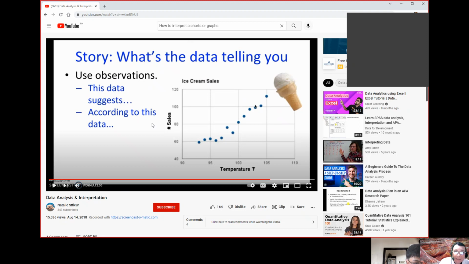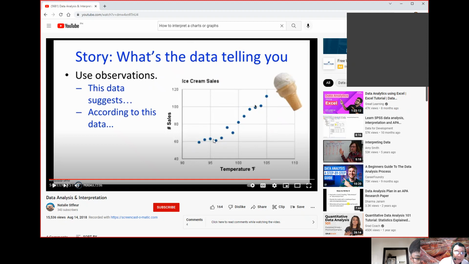Now, in the interpretation part of the graphs or the charts, we can use the following phrases. This data suggests, or we can also say this, what do we call this one? What particular chart or graph is this? Ice cream sales. Okay, the title is ice cream sales, but what particular chart or graph is this?